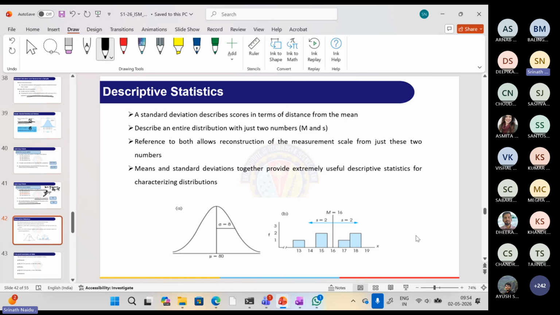The mean and standard deviation together provide extremely useful descriptive statistics for characterizing distributions, but as I have been emphasizing so far, they are not sufficient, because you can't just use 2 numbers to describe a much larger set of numbers. There will be some information loss. The entire shape of the distribution cannot be restored by just knowing the mean and variance, but you can still answer some useful questions about it.